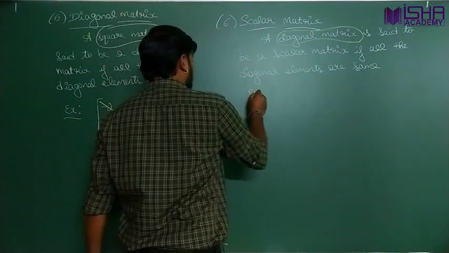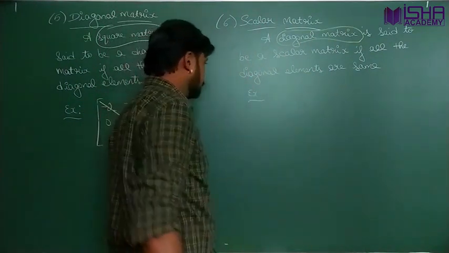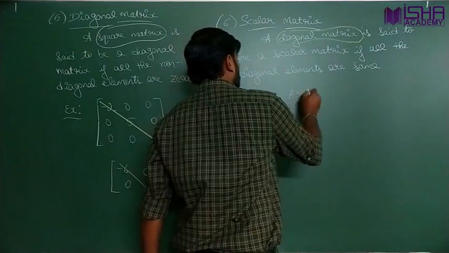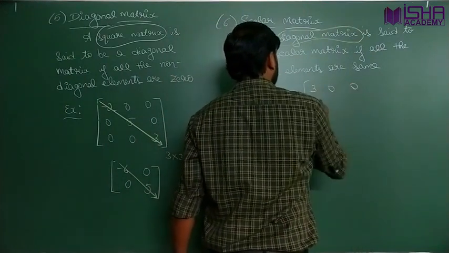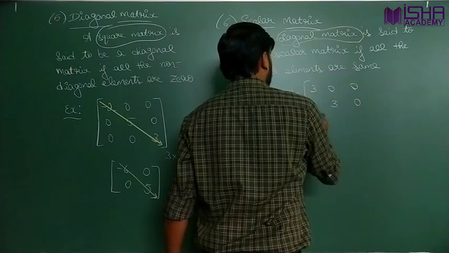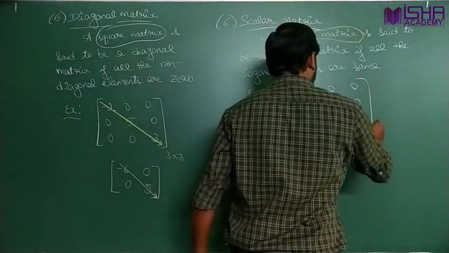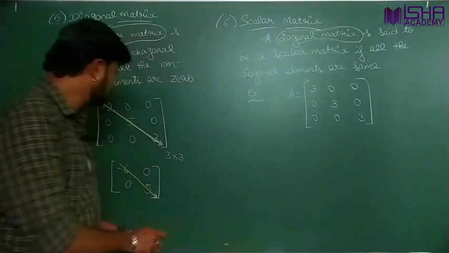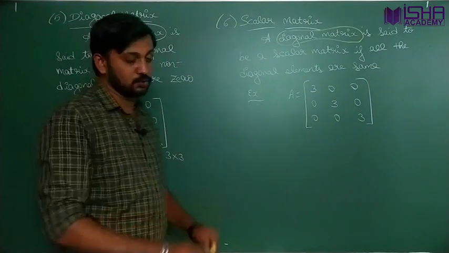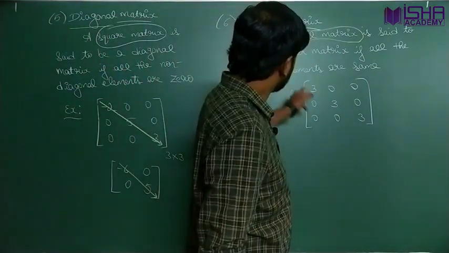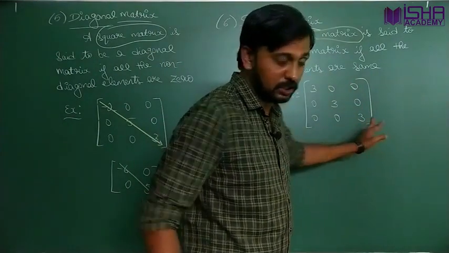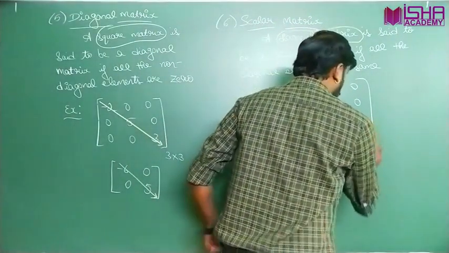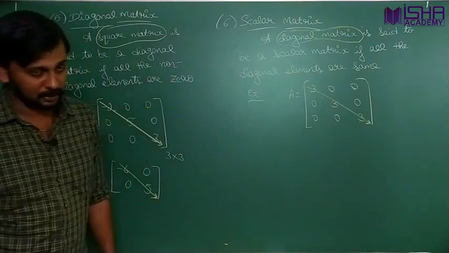Now let us give an example. Let A equal to this matrix. Now this is a scalar matrix. Why? First of all, this is a diagonal matrix, since only the diagonal elements are present. Only the diagonal elements are present, so therefore it is a diagonal matrix.